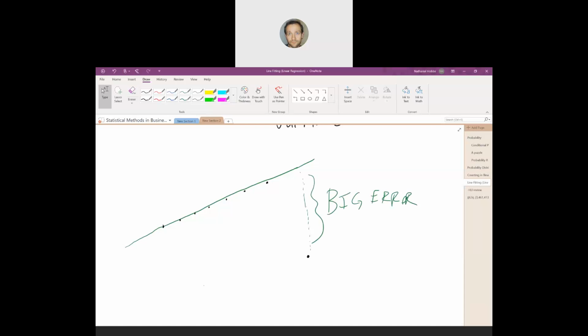So maybe having a line that's like this is better, because yeah, it's bad for each of these, but it's closer to that point. So here is, I'll just use one big B, big error. And then all of these are small errors.